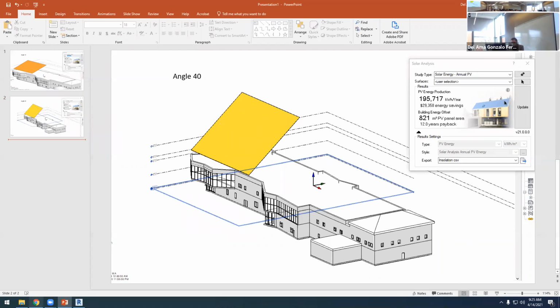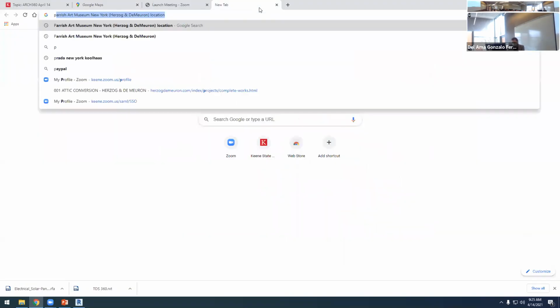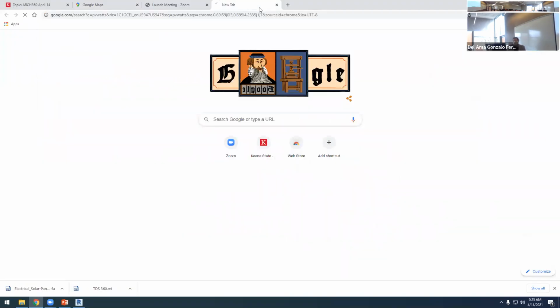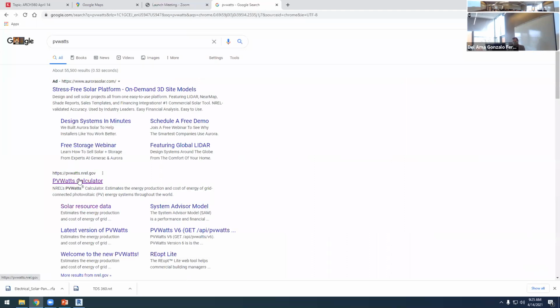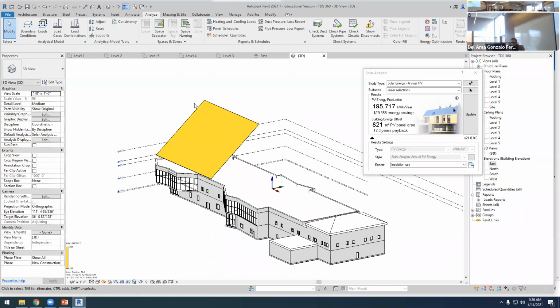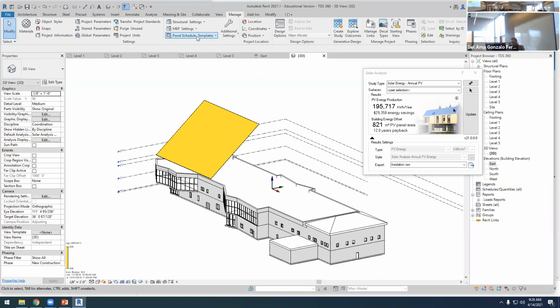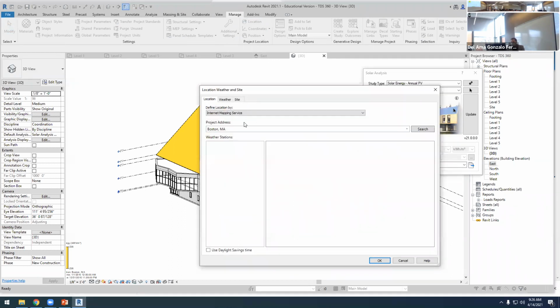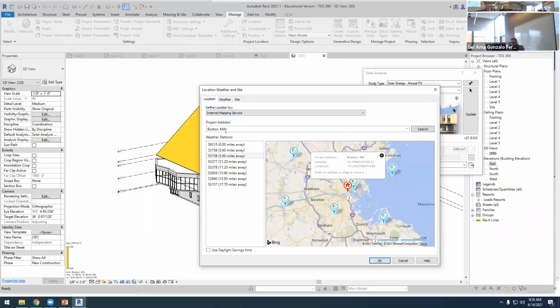Anyway, if we want to compare the PV watts, I can open a PV watts calculator. Well, the first location matters here. Good question. Where am I working in? Manage location. This is in Boston, Massachusetts.